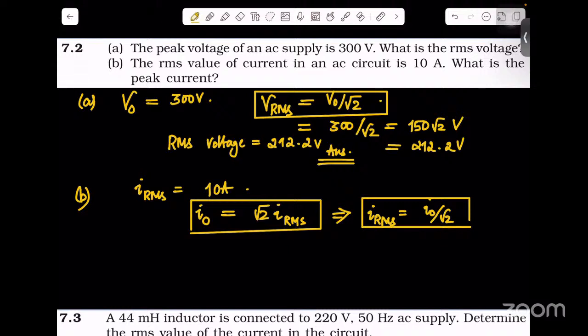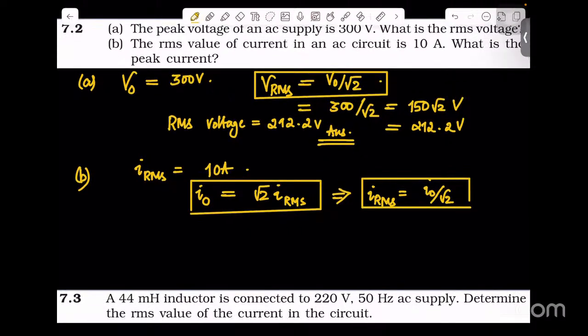So here we are asked the peak current, so the I naught will be root 2 times 10 amperes, which should be 14.14 amperes.